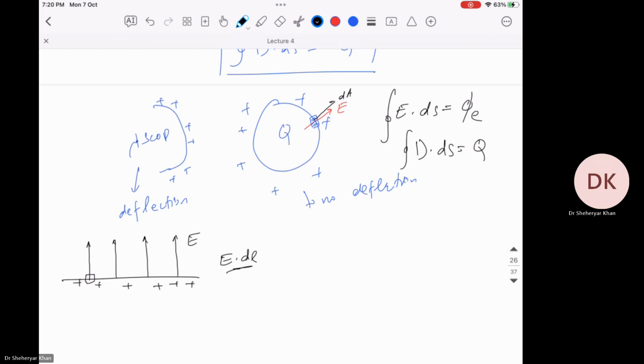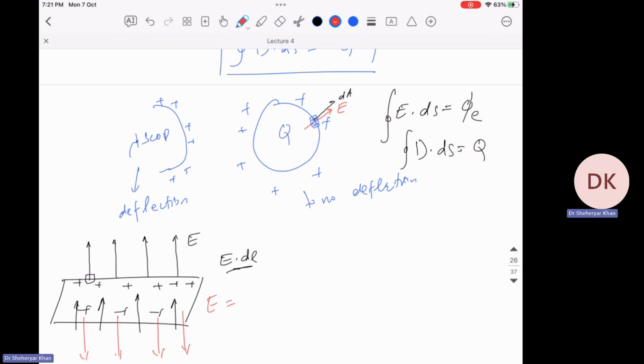So if it is a sheet, all the field lines will go up and down. Remember, we learned the electric field is plus minus z rho s over 2 epsilon naught in the last lecture. So electric field is always perpendicular to the surface.